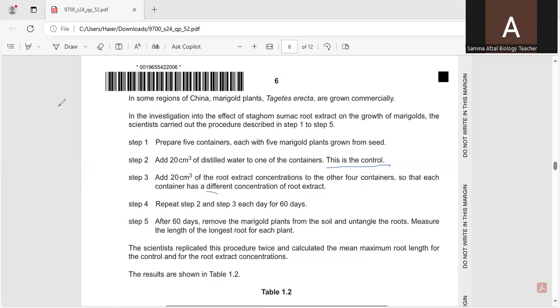After 60 days, remove the marigold plants from the soil and untangle the roots. Measure the length of the longest root for each plant. The scientists replicated this procedure twice and calculated the mean maximum root length for the control and for the root extract concentrations. The results are shown in table 1.2.